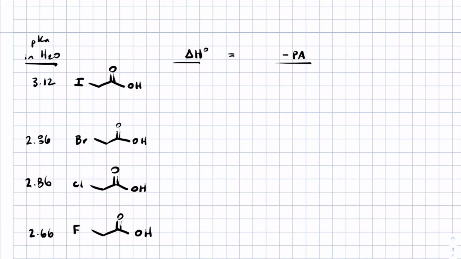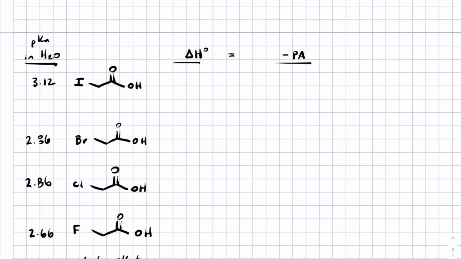We've typically attributed that to inductive effect due to a nearby electronegative group, and knowing that fluorine is more electronegative than chlorine, than bromine, than iodine sort of explains that trend. I will point out that the variation is small. This is less than a unit of pKa. So in water already, electronegativity doesn't make a huge difference for these alpha halo acids.